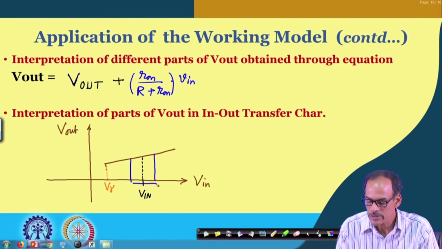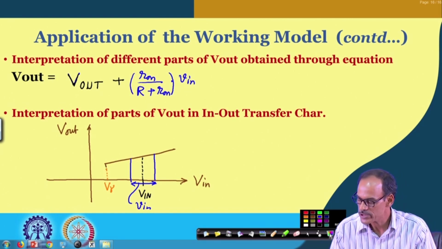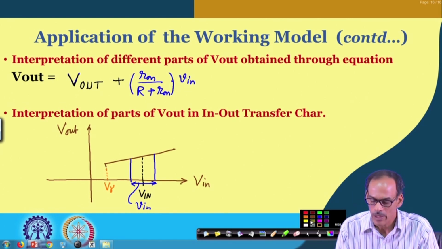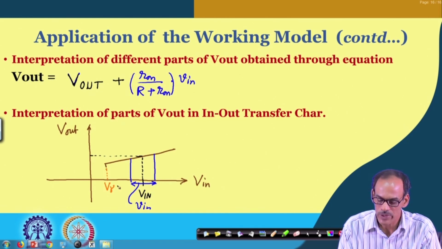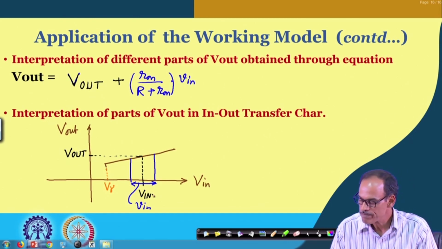So, with respect to capital V in we are applying small v in and changing it. What is the consequence here? At the output, corresponding to V in, you are getting capital V out, which is of course a function of V in and R and R on and V gamma and so on.